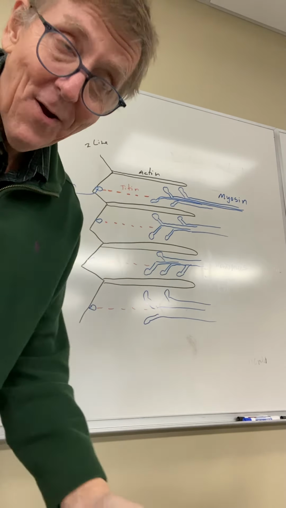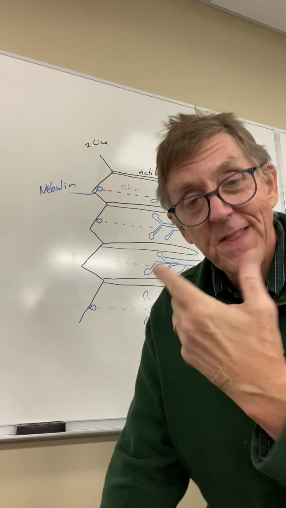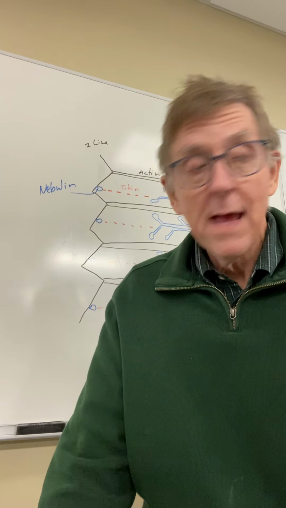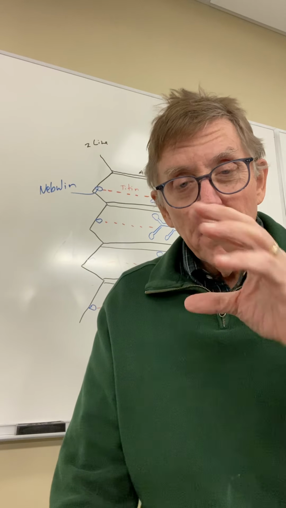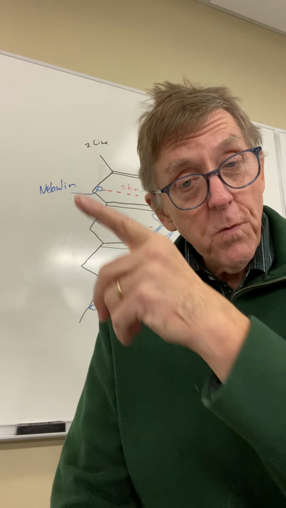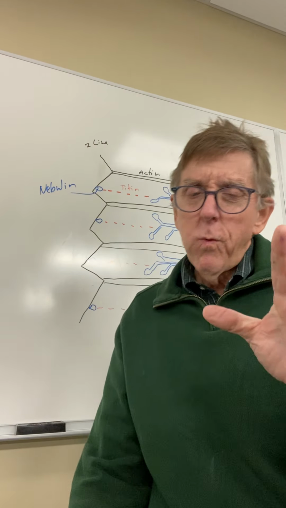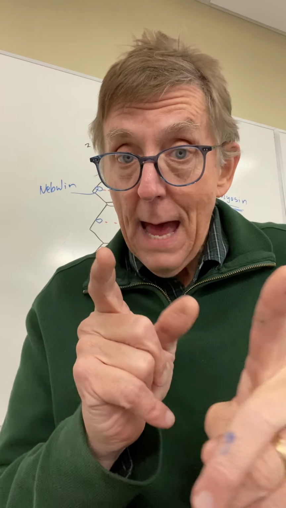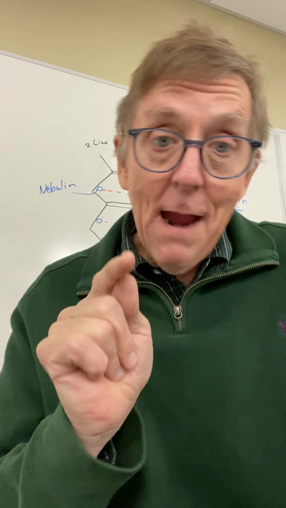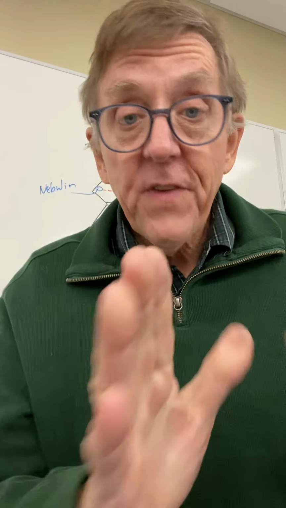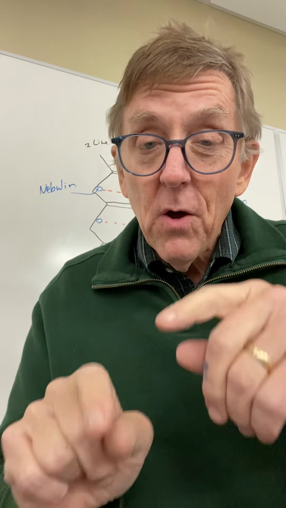So the only two things we have left to talk about for this particular set of slides are the tropomyosin and the troponin. So when we said the magic happens when the T-tubule carries a nerve impulse into the triad, it tells the cisternae, release the calcium, and the calcium goes bubbling over to what?